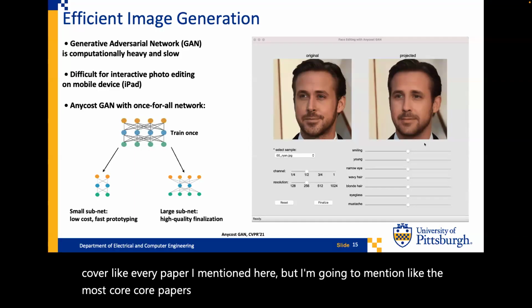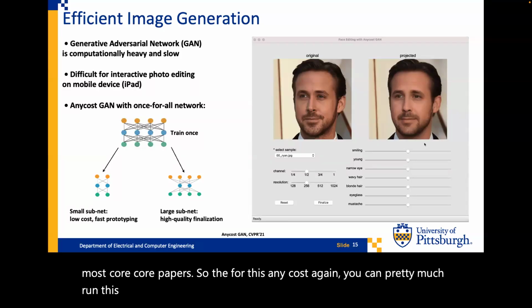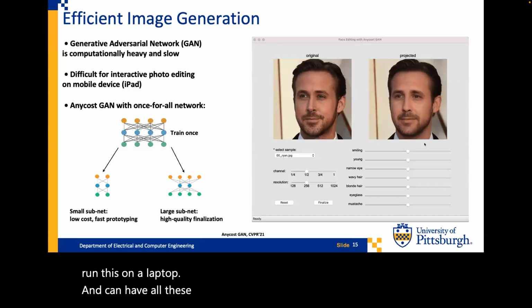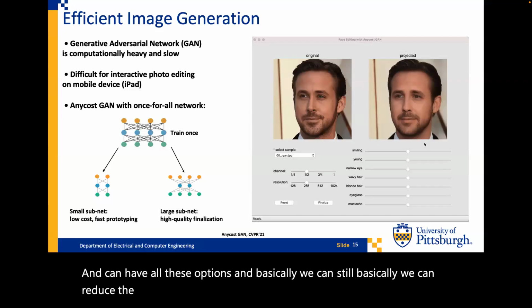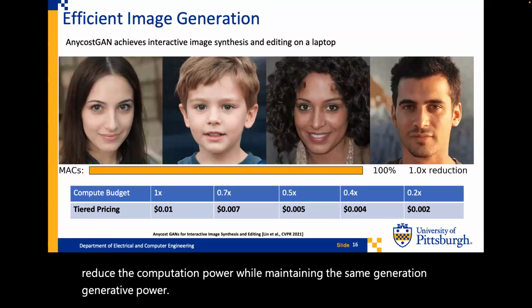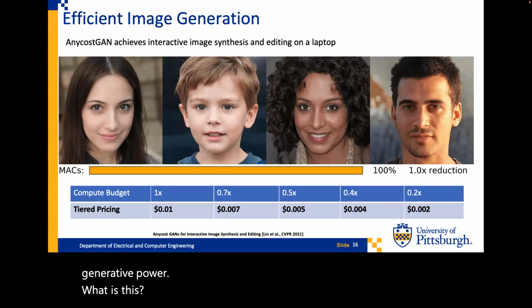For this AnyCost GAN, you can pretty much run this on a laptop and have all these options. Basically, we can reduce the computation power while maintaining the same generative power. So this achieves interactive image synthesis and editing on a laptop.